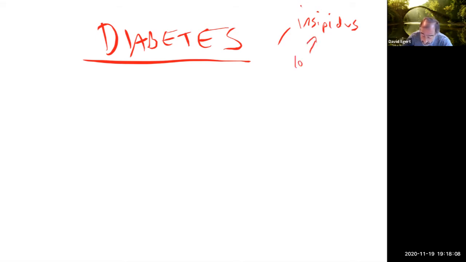You lose, you pee way too much. This is where your kidneys are having trouble actually retaining water. Insipidus means it doesn't have a flavor, right? Insipid is tasteless. It's because the urine doesn't have a flavor because it's basically like water. It's super dilute. As opposed to the one that we're talking about now, diabetes mellitus.